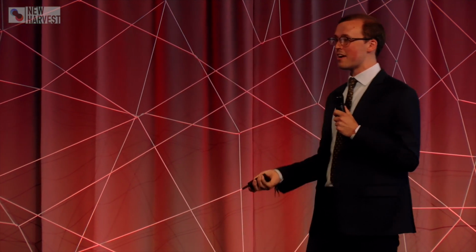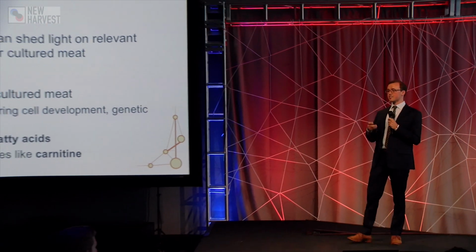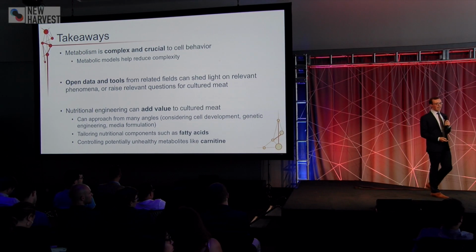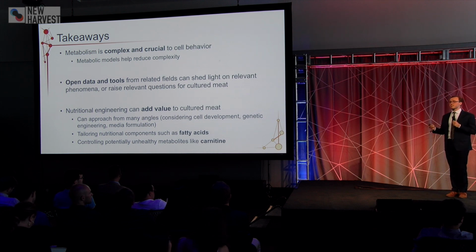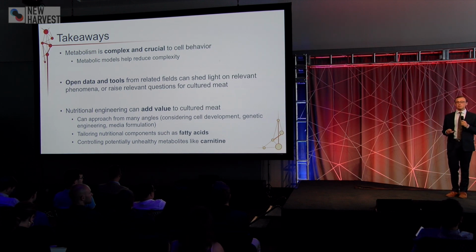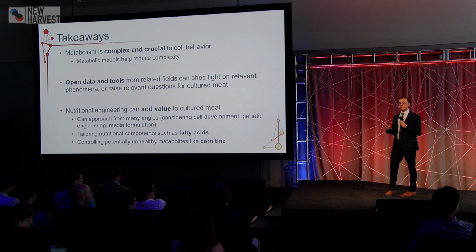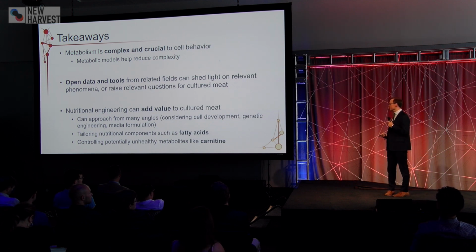And so to conclude, I hope that I've been able to emphasize that cellular metabolism is extremely important when we're talking about a product that's so defined by its composition, its flavor compounds, its nutritional compounds, its aromatic compounds, and how metabolic models and these tools that have been developed by other researchers can help us visualize and understand all the different reactions involved in this complex process.